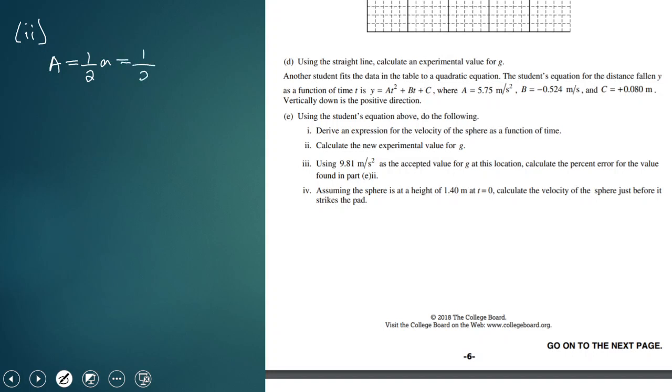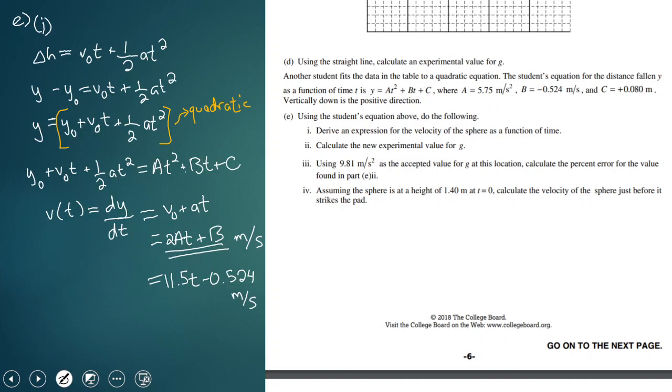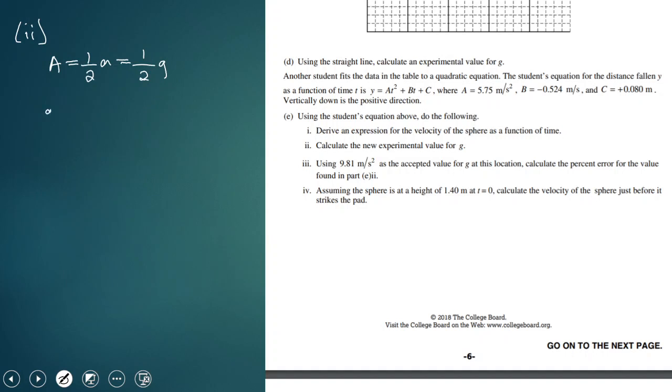And as I said earlier, the only acceleration we have is g. Because we've matched the coefficients, in front of the t squared there's an A on one side, and in front of the t squared there's a 1/2 lowercase a on the other side. So I can just say that g is equal to 2A, which is equal to 11.5 meters per second squared. So that's the experimental value.